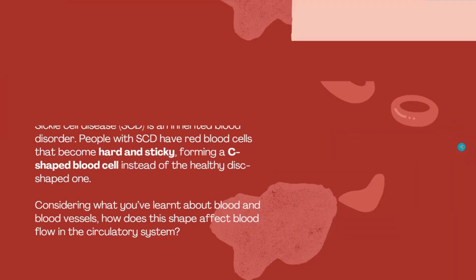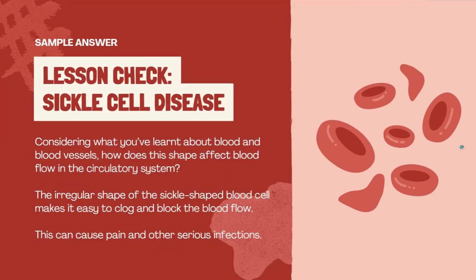Okay, so it is the irregular shape of the sickle-shaped blood cell that makes it easy to clog, to block the blood flow. This can cause pain and other serious infections.